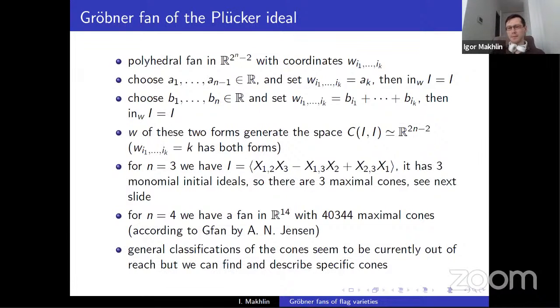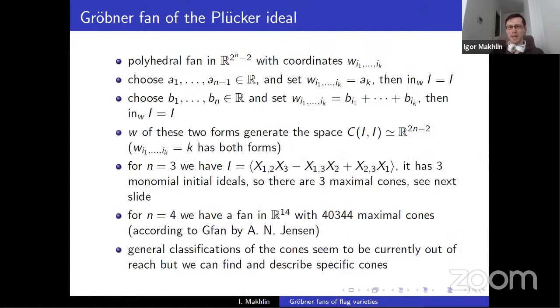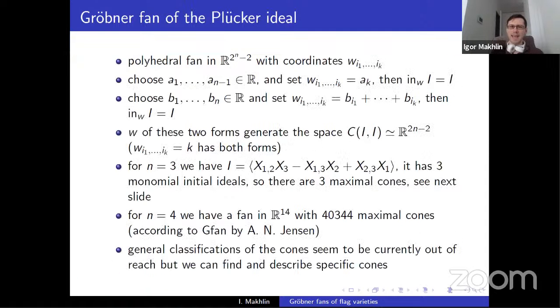So we'll have only 3 maximal cones. Well, I have a picture here of what this Gröbner fan looks like. Actually we have 6 variables here, right? So it lives in dimension 6. But as I said, we have this linearity space, C_I.